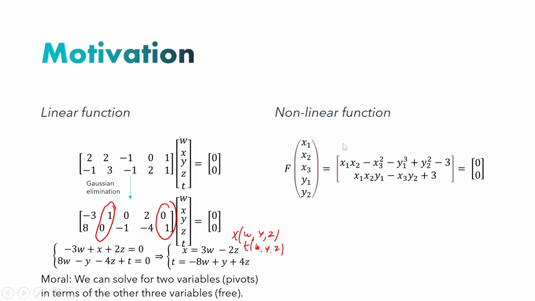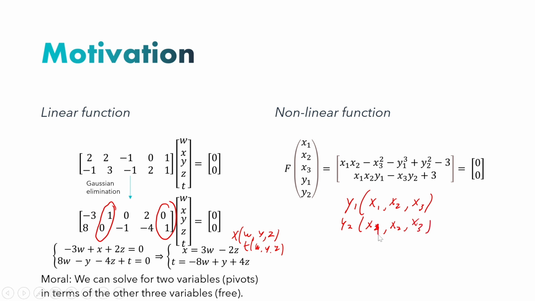There's not going to be a unique 5-tuple that solves this system in general, but instead you are free to pick certain variables, and then that will constrain what other variables are forced to be. As suggested by the notation, if you were to work this example out, you would find that you can solve for y1 and y2 in terms of the x variables. So y1 and y2 are both functions of x1, x2, and x3.